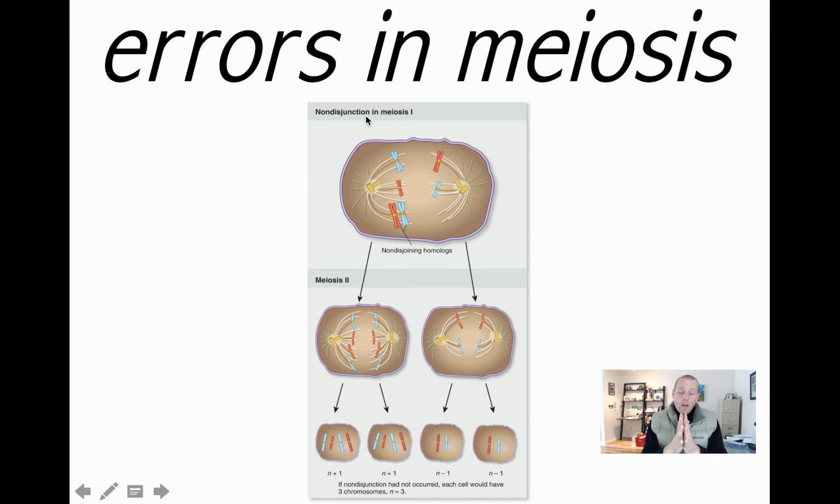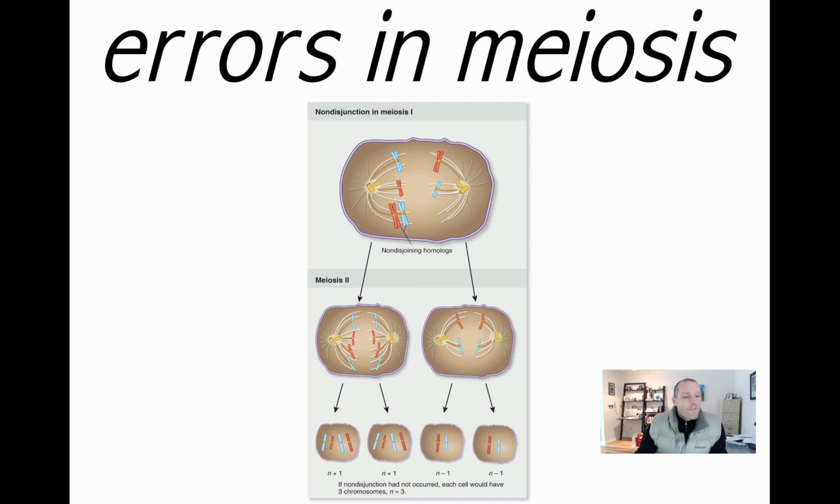Disjunction is when the homologous chromosomes, or the sisters, come apart. It's the pulling apart of the genetic material in meiosis 1 or meiosis 2. Normally in meiosis 1, we take each pair of homologous chromosomes and pull one in one direction and one in the other. That's called disjunction. The chromosomes disjunct, they separate from one another.